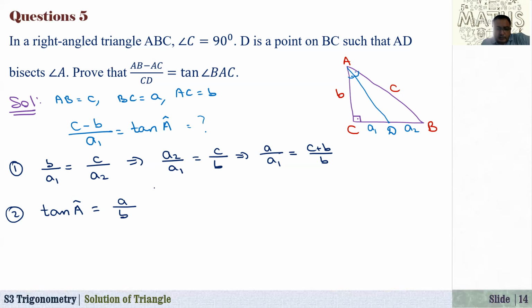Okay, so now A over B, we have to show the C minus B, right? Okay, so that's equal to, let me multiply numerator and denominator by A. So here we have A squared over AB.